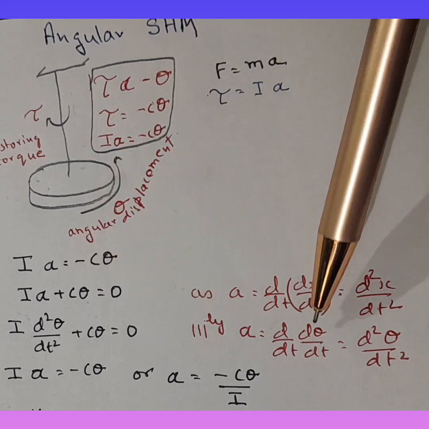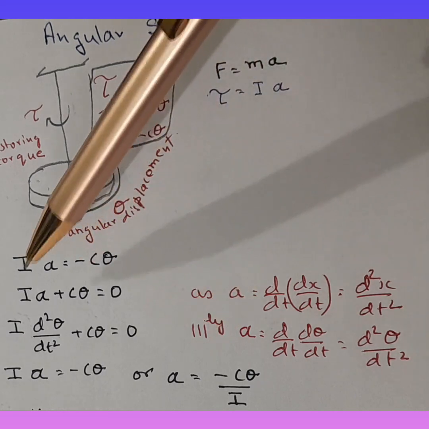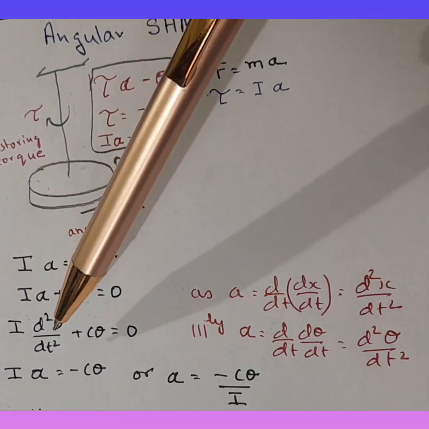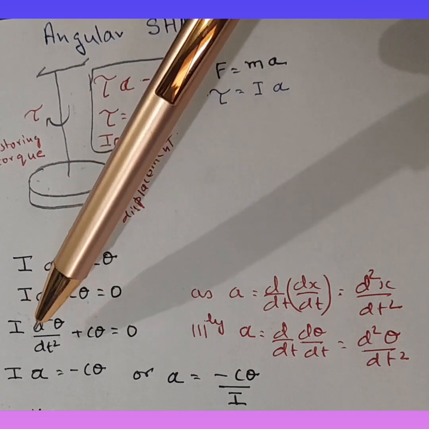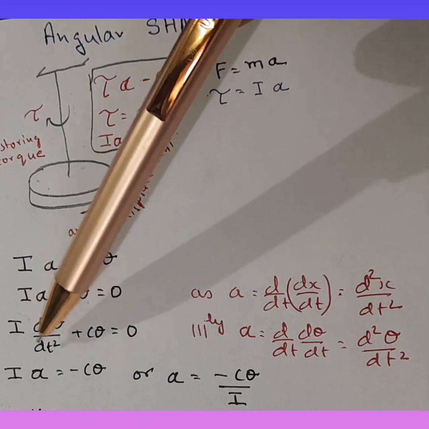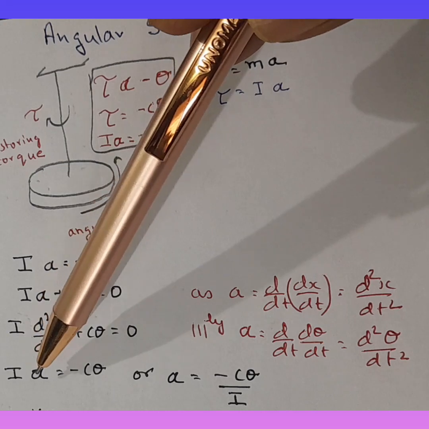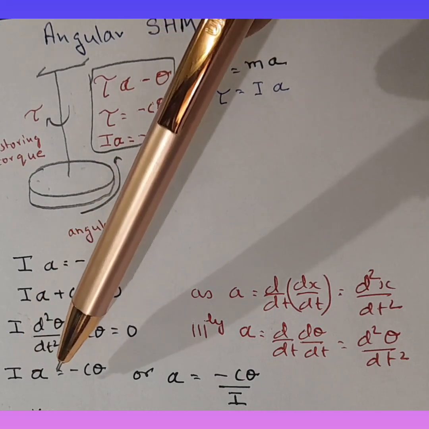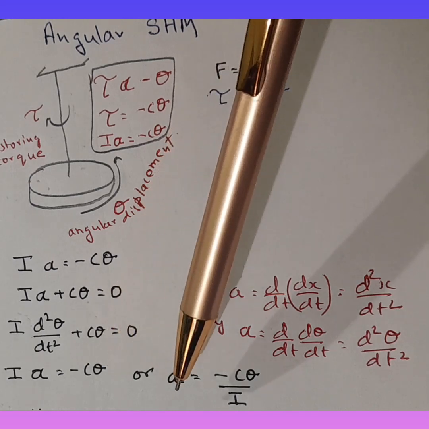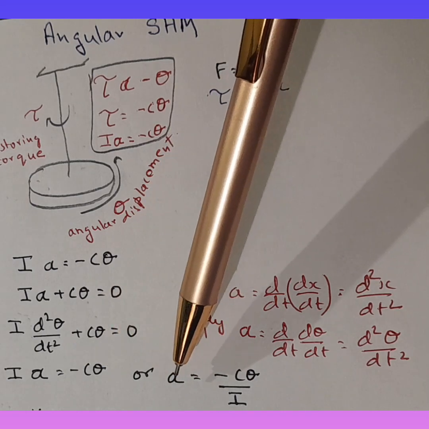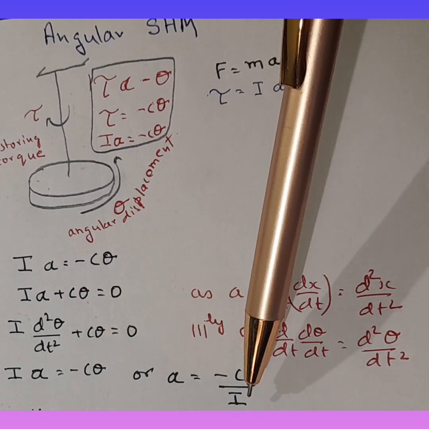So as we did here, I d2 theta over dt square plus c theta is equal to 0. So this we know is angular acceleration, so we can replace it by alpha. I alpha is equal to, taking it this side, minus c theta. So alpha is equal to minus c theta over I.